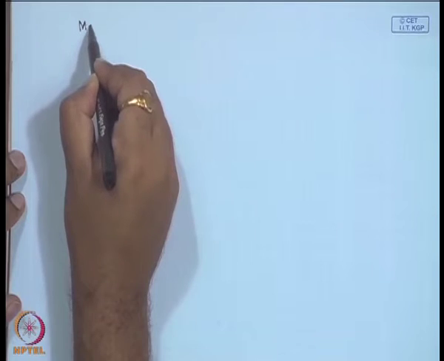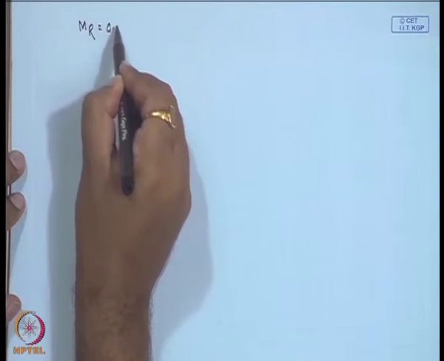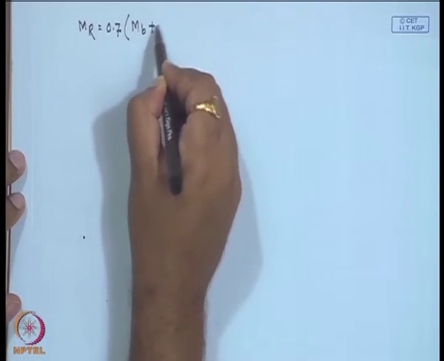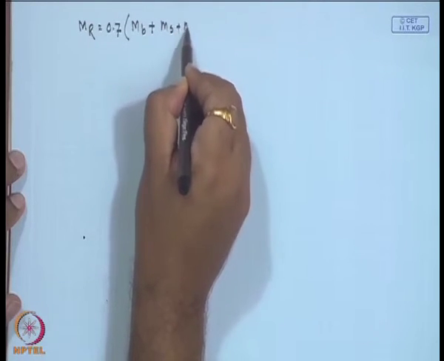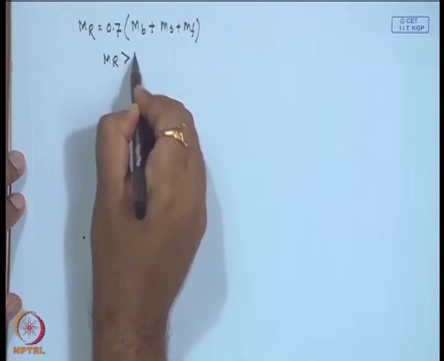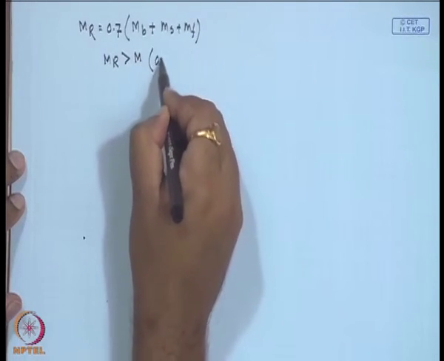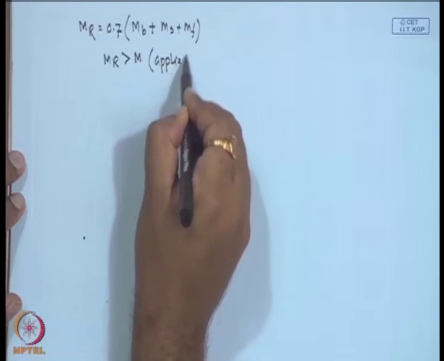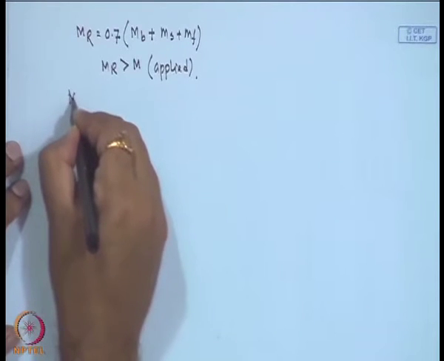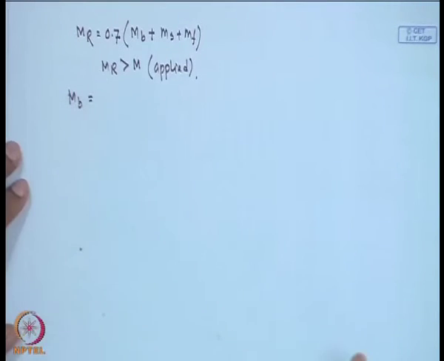Now, we have to calculate the total resisting moment, and this expression you have to determine: M r is 0.7 of M b plus M s plus M f, and M r should be greater than M which is applied. So, first we will calculate the value of M b.